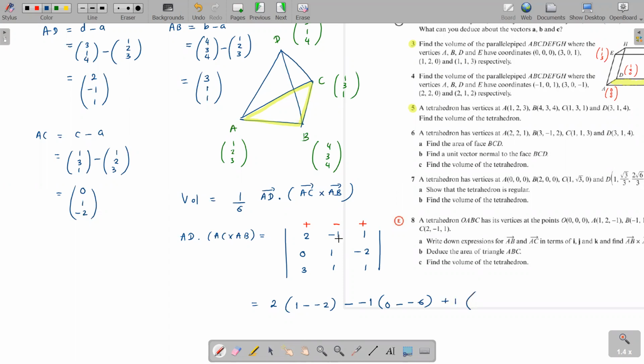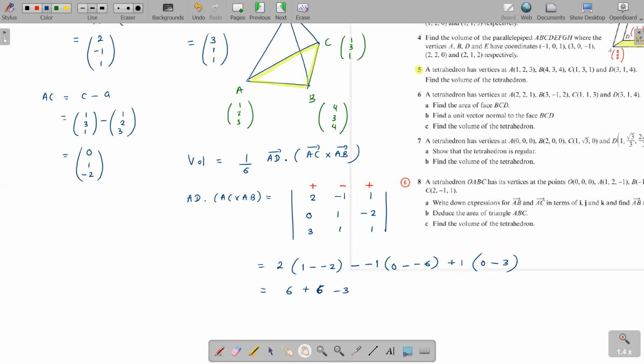Then plus 1 times, remove the row and column. 0 into 1 is 0, minus 3 into 1 is minus 3. So I get here 2 times 1 minus minus 2 is 1 plus 2, 3. 3 times 2 is 6. Minus minus is plus, 1 into plus 6 is again 6. Last one, 1 into minus 3 is minus 3. Do you agree? 6 plus 6, 12. 12 minus 3 is 9.